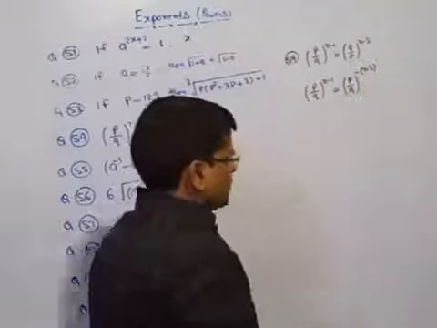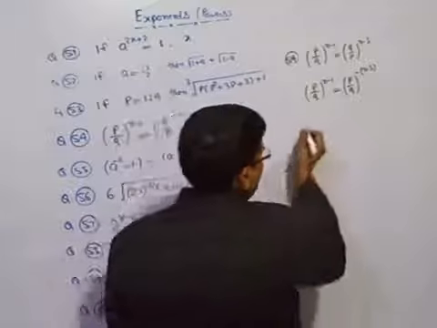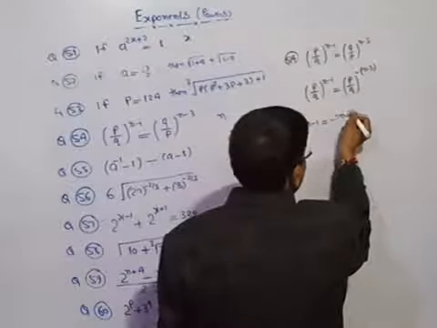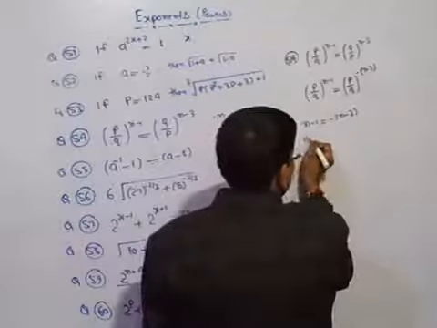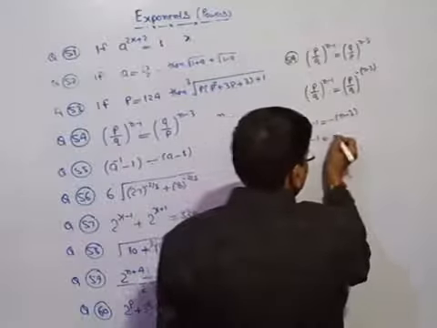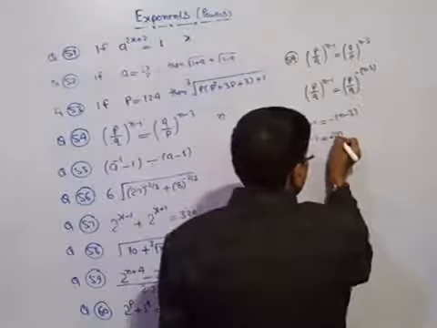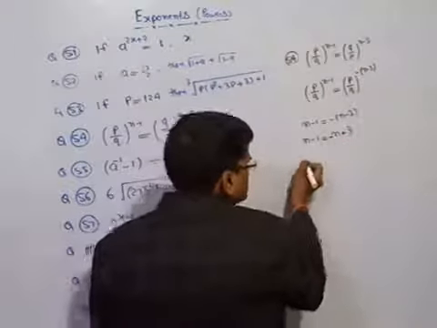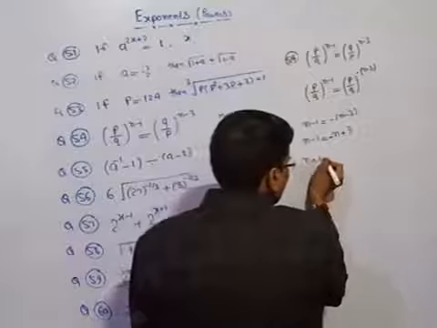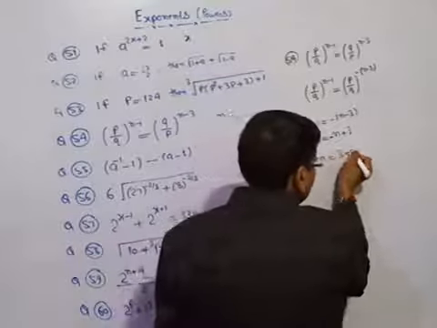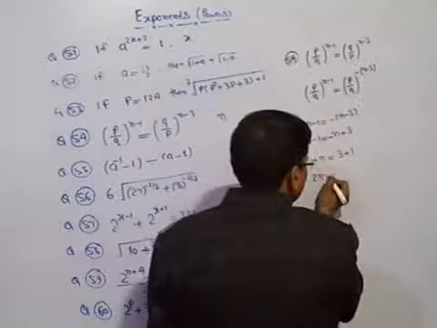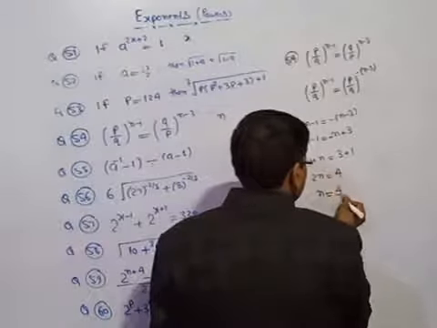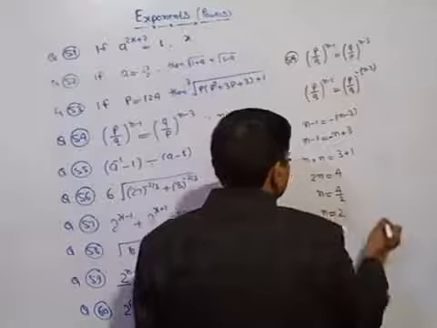Then n minus 1 equal minus (n minus 3). Multiply by minus: n minus 1 equal minus n plus 3. Minus n, plus n, equal 3 plus 1. 2n equal to 4, then n equal to 4 by 2, then n equal to 2.